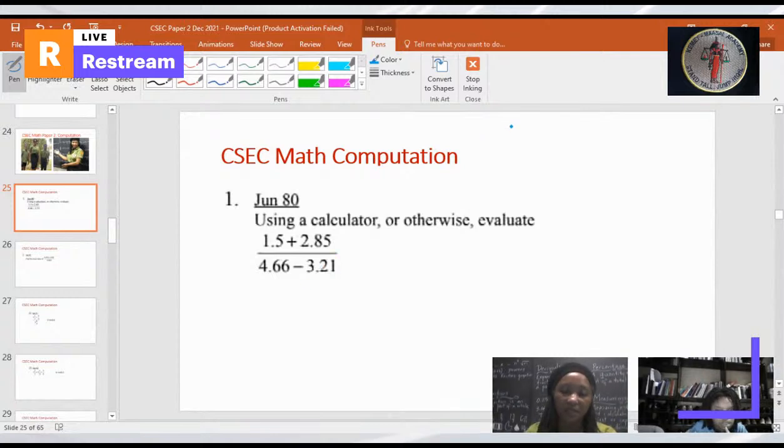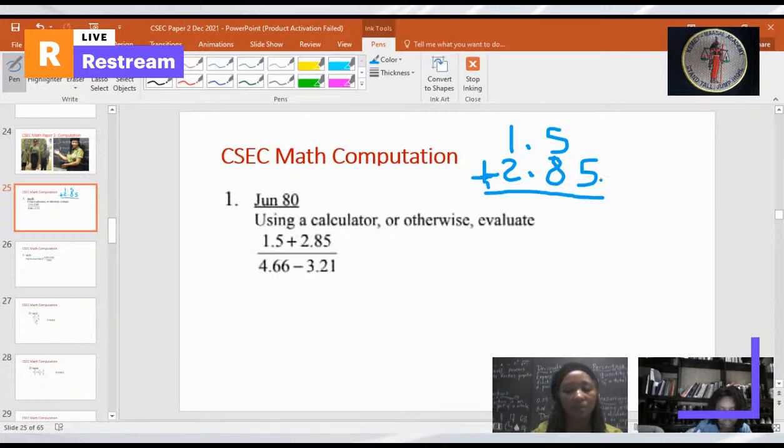All right, so it's 1.5 plus 2.85. And that gives what? Miss, that would give us 4.35. All right, so 5 and 8, 13, and carry the 1, so 4.35.